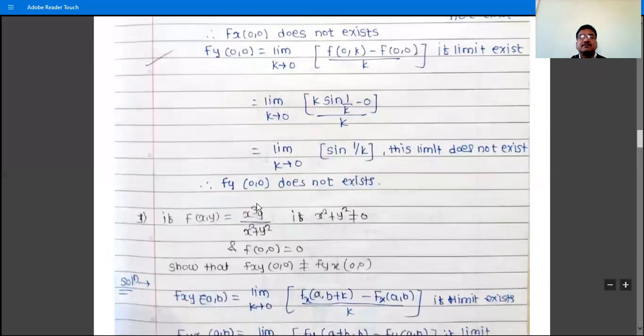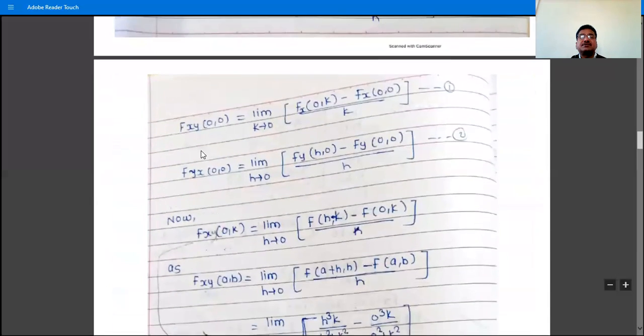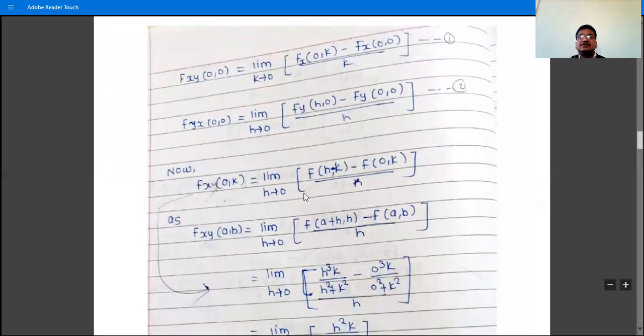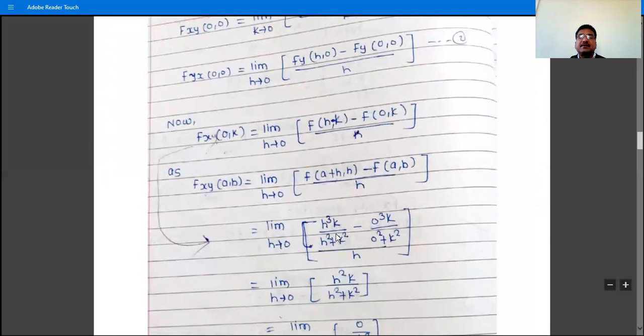So fx(0,k) is the limit as h tends to 0 of f(0 plus h, k) minus f(0,k), divided by h.